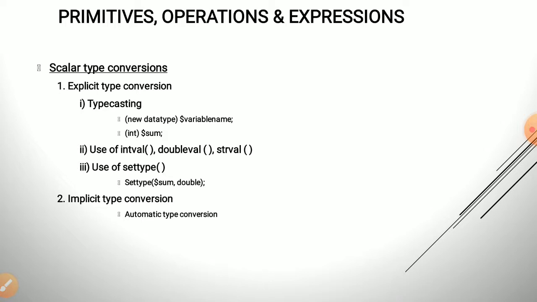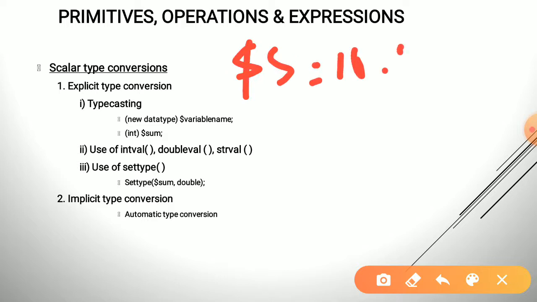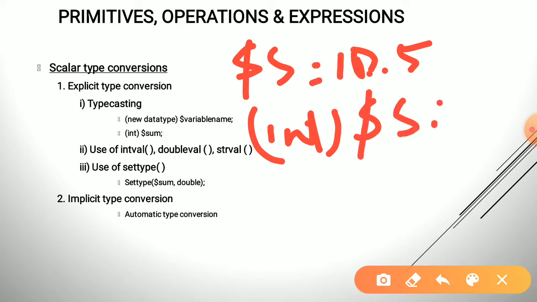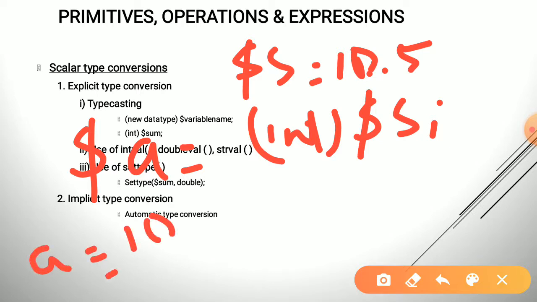For example, in case of typecasting, suppose $s = 10.5 and we typecast it, $a = (int)$s. The value of a will be 10, and the value of s will be 10.5 itself.